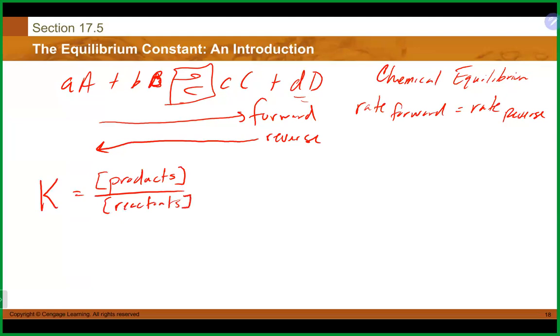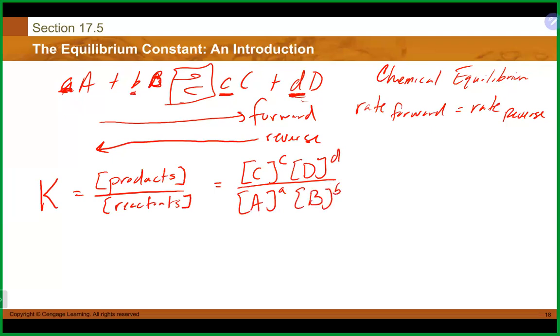For example, to write the equilibrium expression for this reaction, we would take the concentration of C to its coefficient as its exponent, times the concentration of D, also taking its coefficient as its exponent, divided by the concentration of A to its coefficient, and B to its coefficient as well.